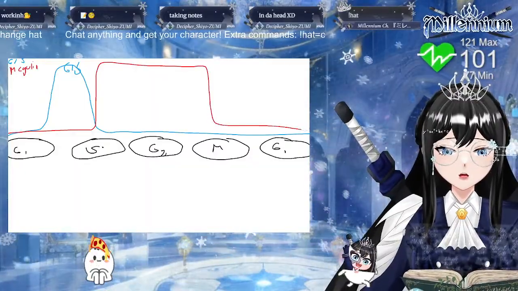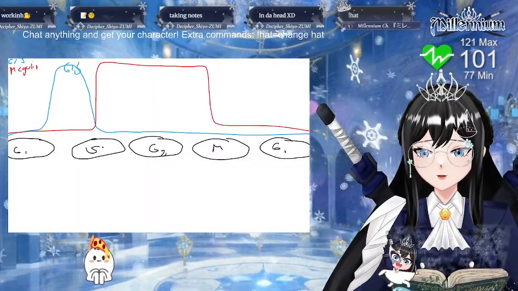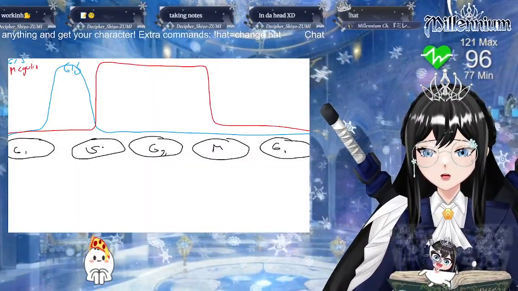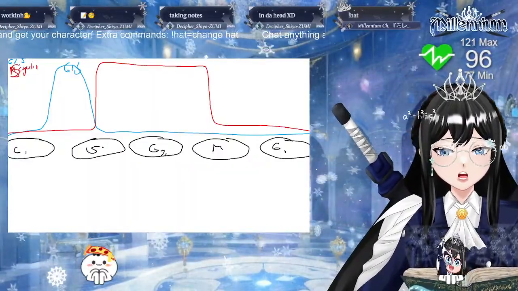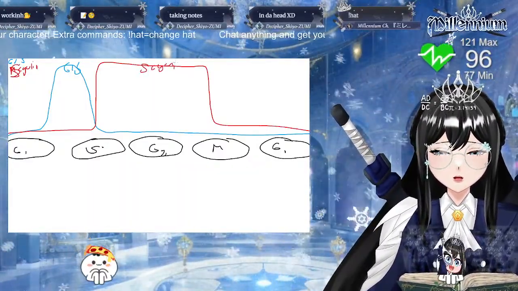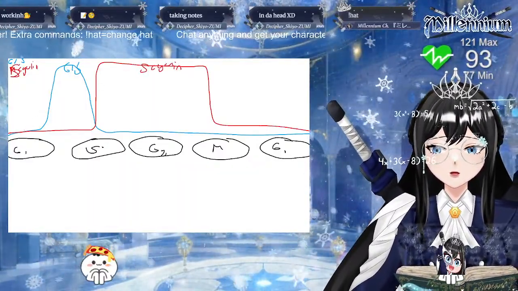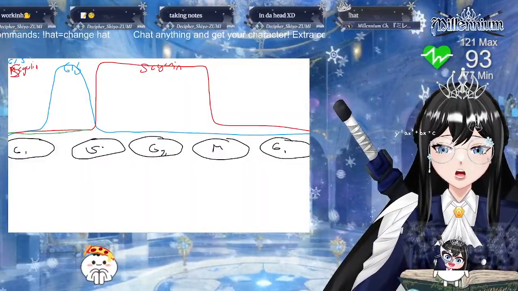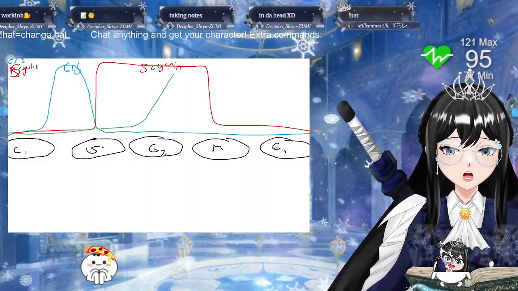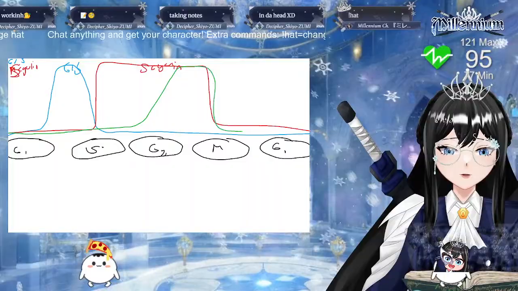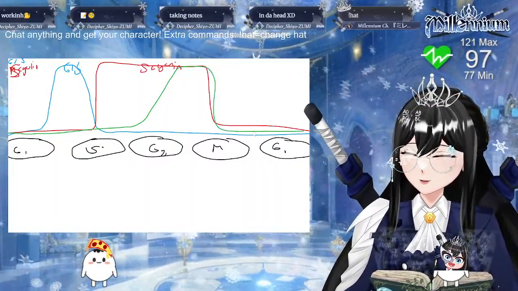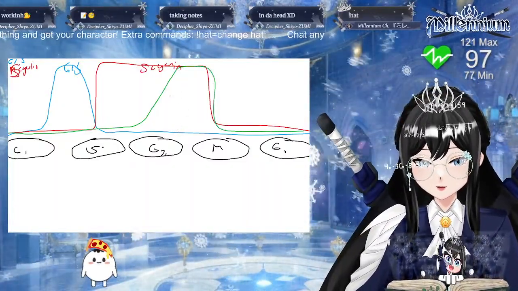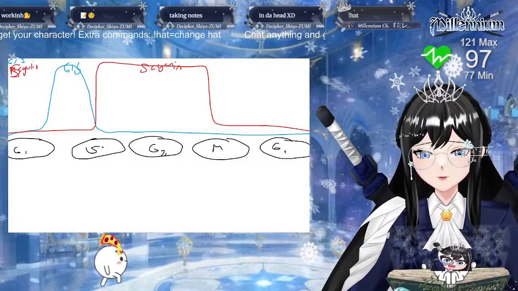Oh, this is S cyclin actually. S cyclin, S cyclin. And then M cyclin would go up a little bit here and then go down here. Is that right? Not so much.